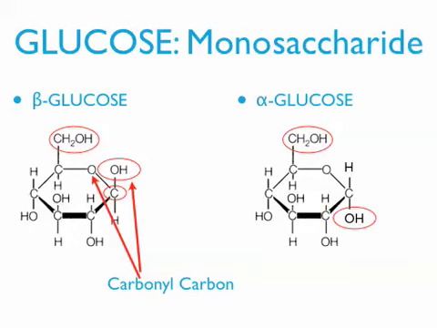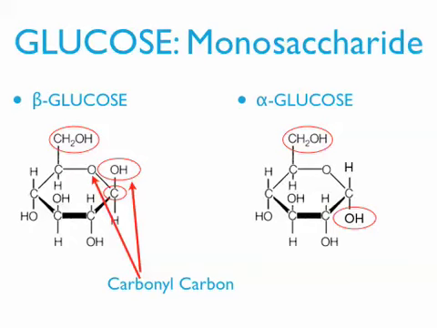You'll note that the carbon atom that is circled is bonded both to the oxygen above it that is part of the ring, that's what we mean by a ringed oxygen, and also a hydroxide group. No other carbon in the whole complex is bonded to both a ringed oxygen and a hydroxide group. Thus, there is only one carbonyl carbon in beta glucose, and then have a look on the right of screen, there's only one carbonyl carbon in alpha glucose.